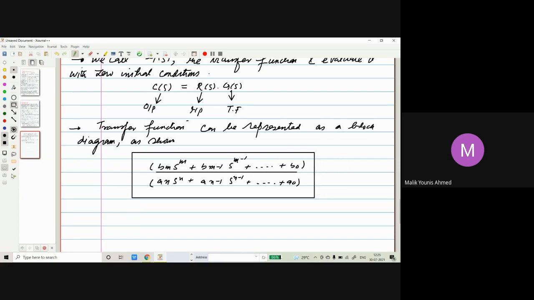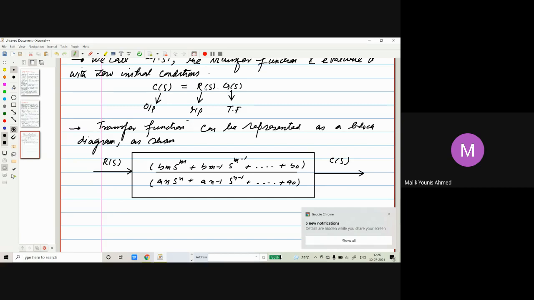So let us draw this in the block diagram. This is a block. There will be input going to the block and there will be output from the block. Input to the block is R of S, we know. This is your transfer function, because output by input is the transfer function.